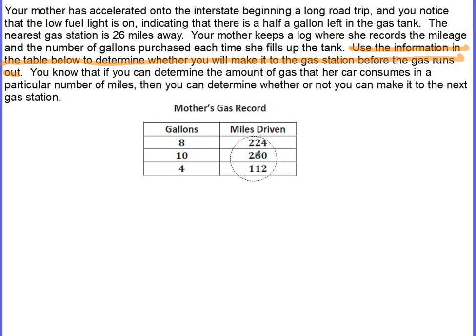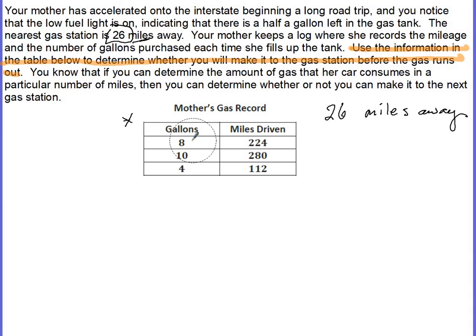So if I take a look at the fact that she's 26 miles away from the nearest gas station, I want to keep that in mind. So 26 miles away. And then all this information in the table is important as well because it's going to help us determine whether or not she can get there.